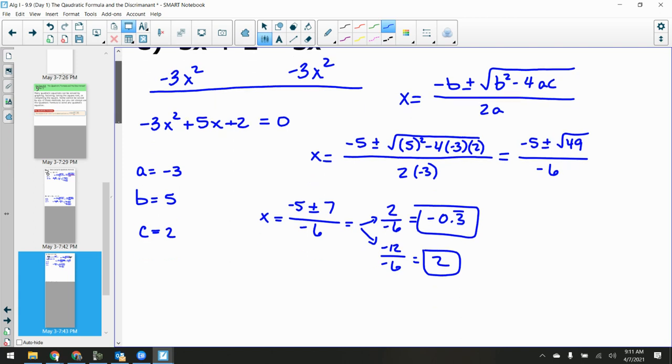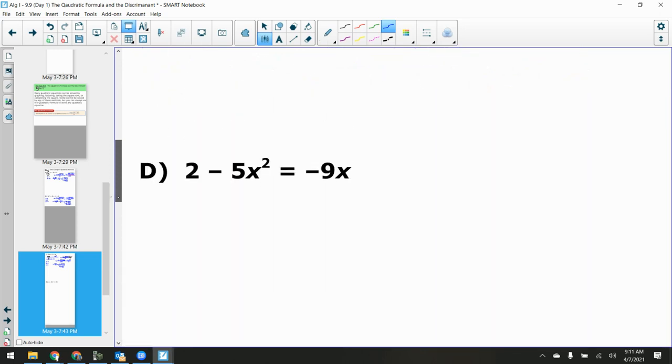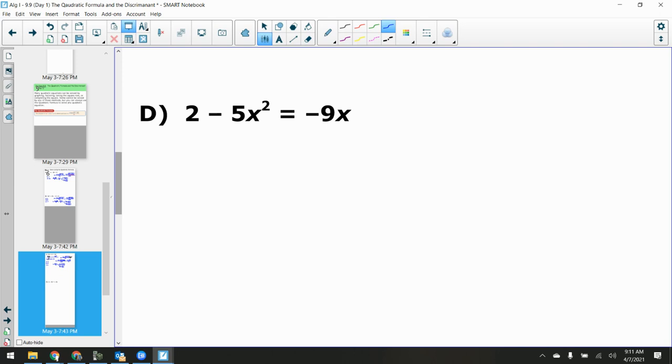Okay, let's take a look at D. Best route to take, I think, would probably just be to add the 9x over to the left side and reorder it a little bit.